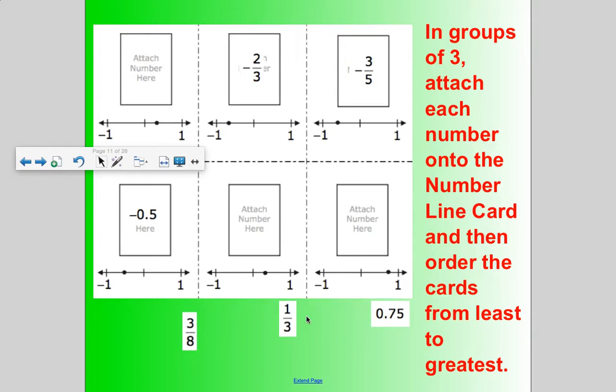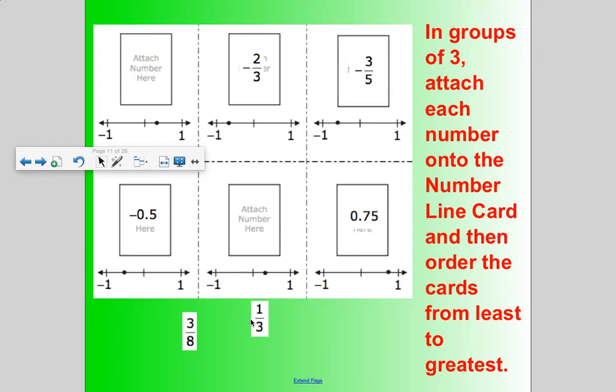Next one. All right, we have 3 left here. So 75 hundredths, isn't that closer to 1 whole? So it must be this one. And we are left with 1/3 and 3/8. If you divide 1 into 3 groups, think about it, you have $1 divided into 3 groups: 33, 33, 33, and we have 1 left over. Oh, it's going to repeat.